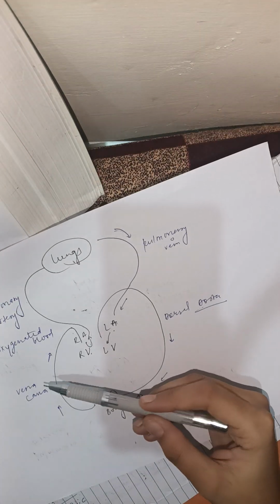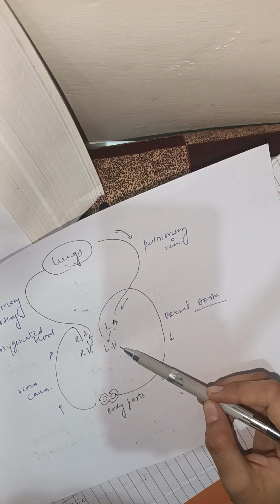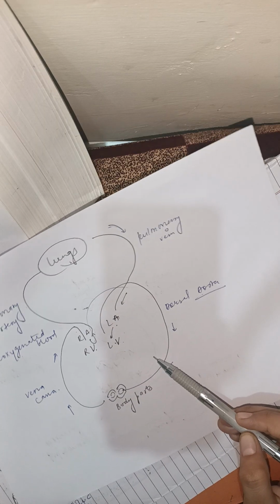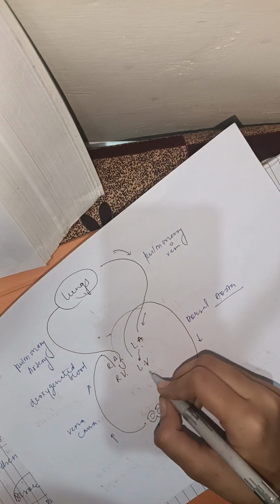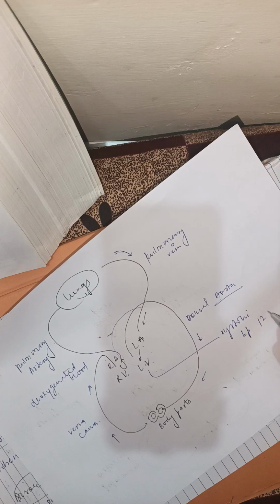Blood pressure is defined as the force with which the blood exerts on the walls of the artery. When the left ventricle contracts, pushing the blood into the aorta, the pressure produced is known as the systolic blood pressure, which is 120.